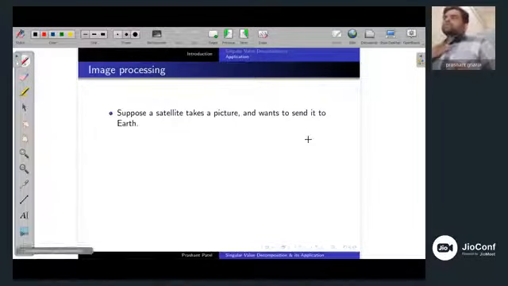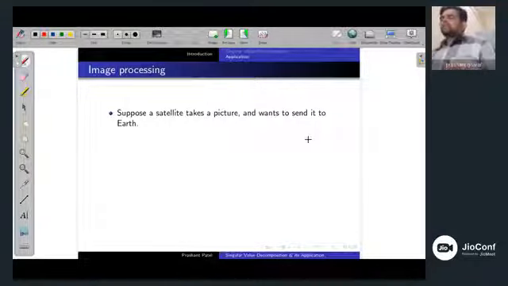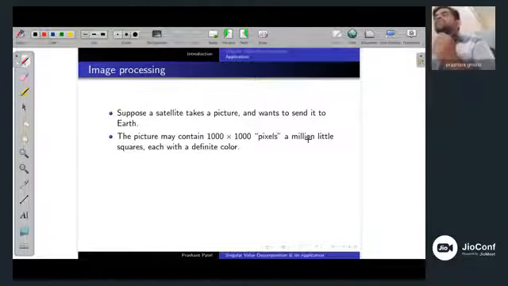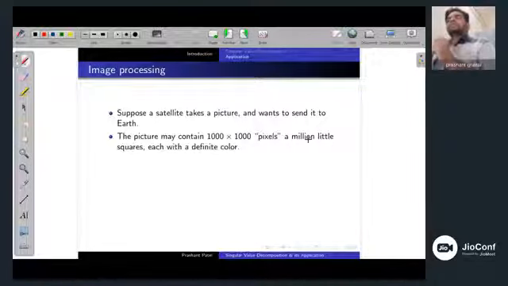So suppose we have a satellite which takes a picture and wants to send that picture to the earth, and the picture may contain 1000 cross 1000 pixels, millions of little squares, each with a definite color.